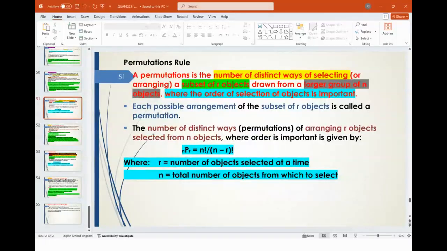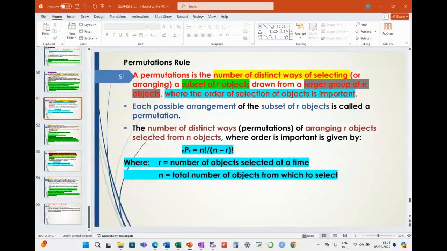Permutations. Okay, so let's recap what permutations is all about. Here it says it is the number of distinct ways of selecting a subset of r objects drawn from a larger group of objects where the order of selection of objects is important.